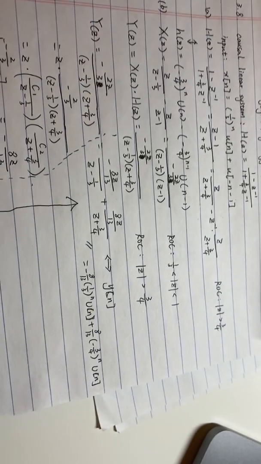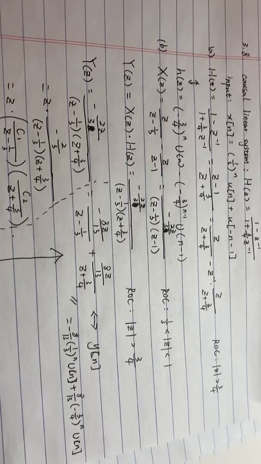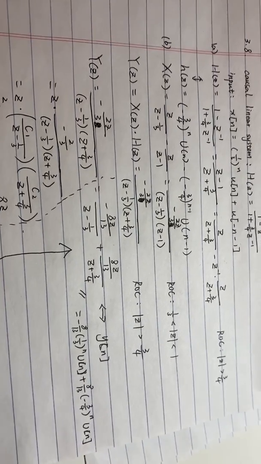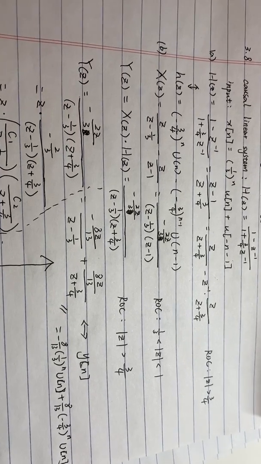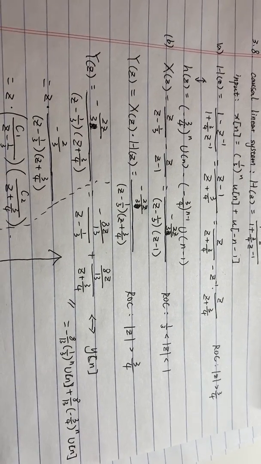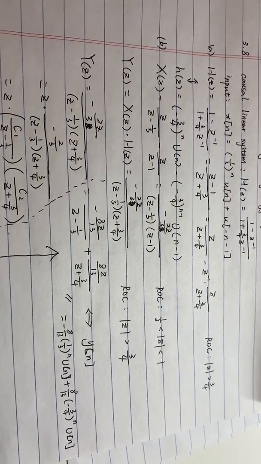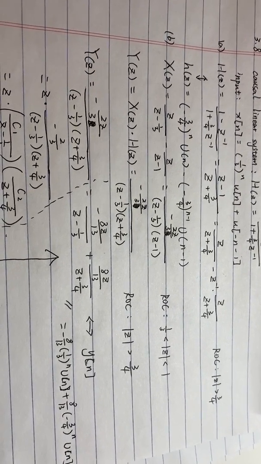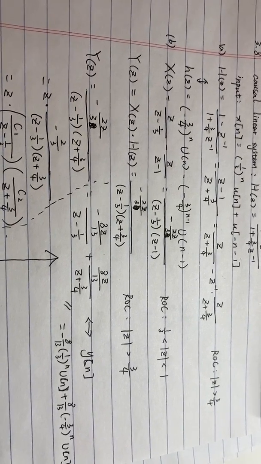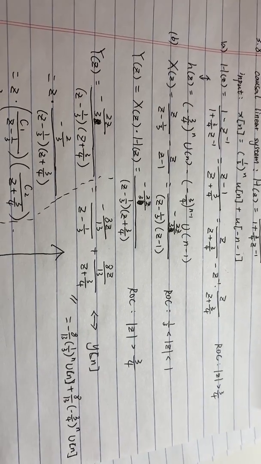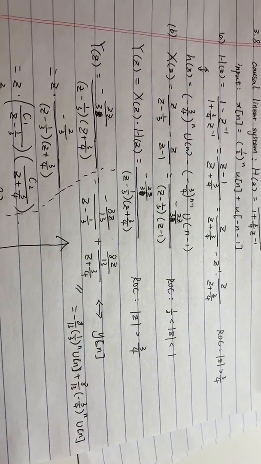But the calculation will be so complicated, so we can try another method: do the multiplication of the transformations of x of n and h of n, so that we can get the big Y. It is the z transformation of small y, the output, and then do the inverse transform to get the small y.